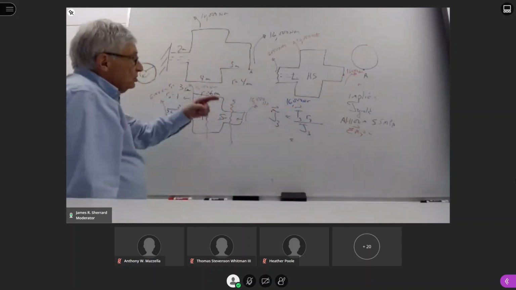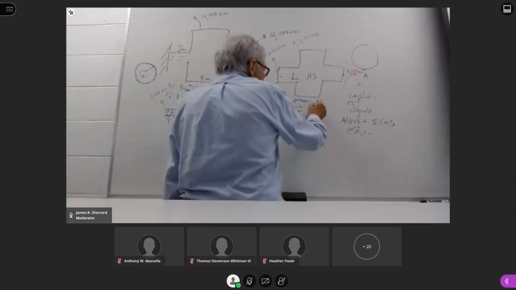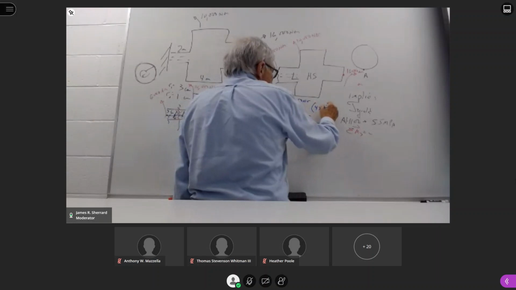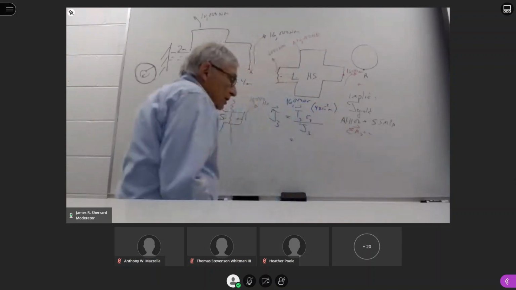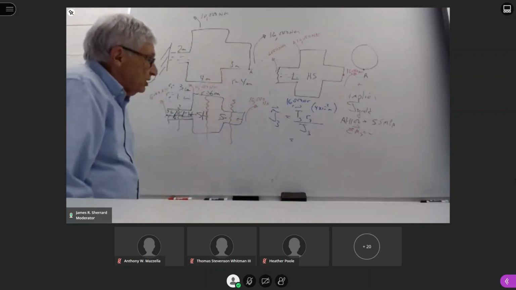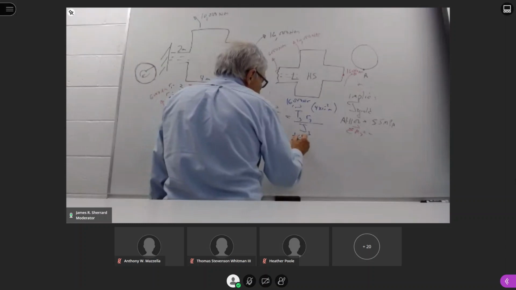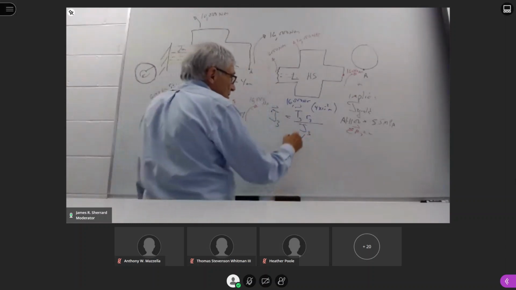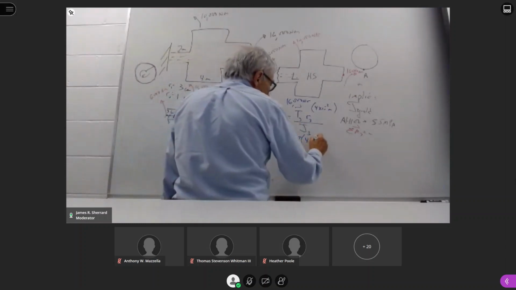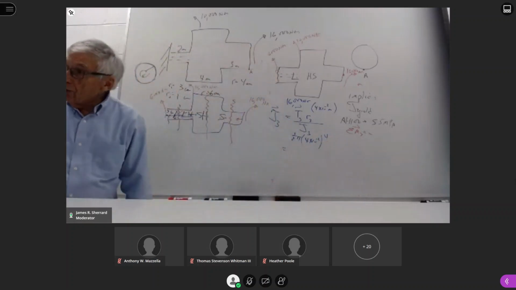My radius, since we know it's going to fail on the circumference, is 4 centimeters. And J, again, is a polar moment of inertia, physical property, circular cross-section. So this is going to be 1/2 pi times that radius, which is 4 times 10 to the minus 2 raised to the 4th.